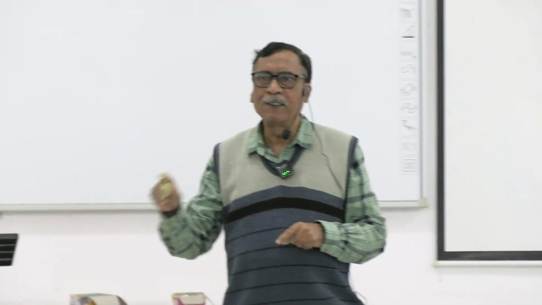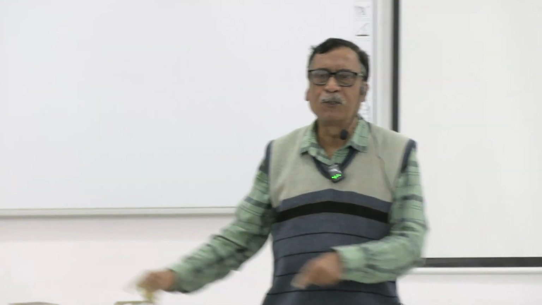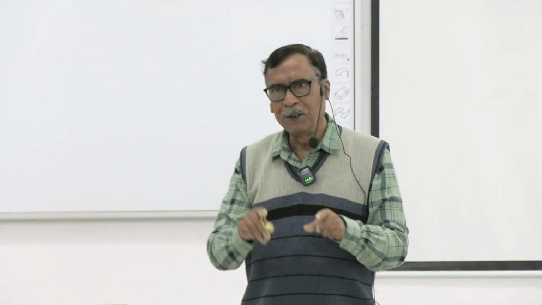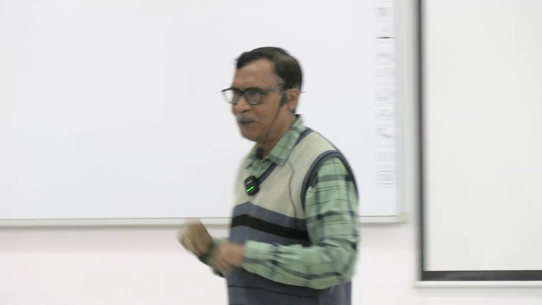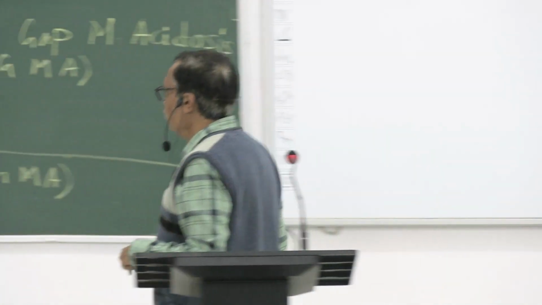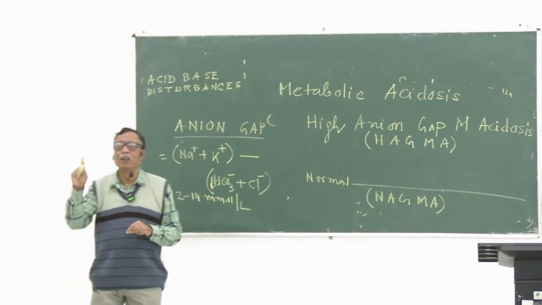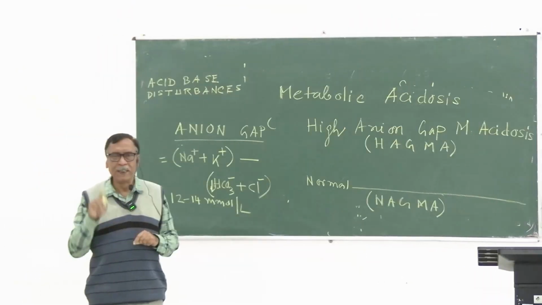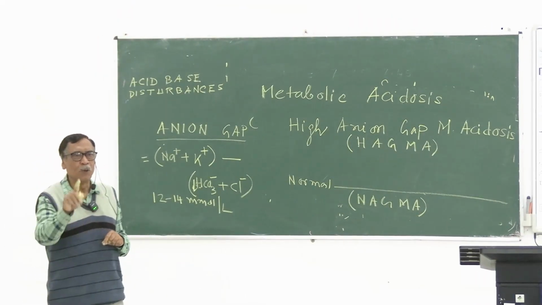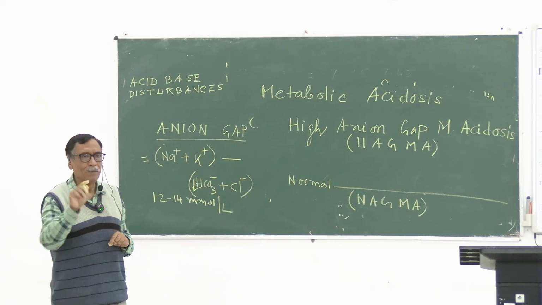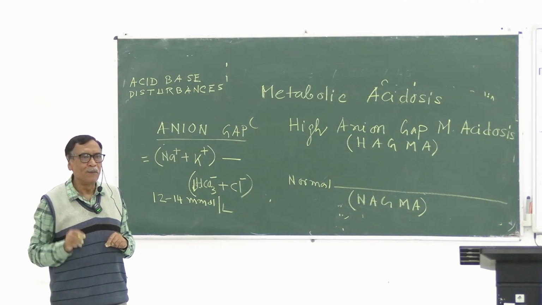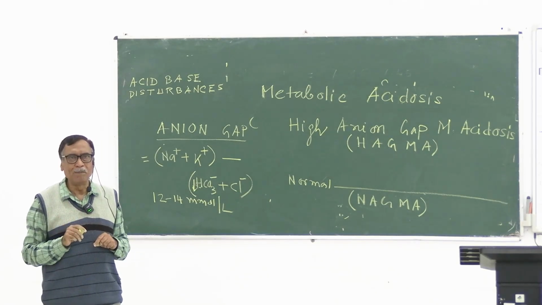In renal tubular acidosis, not only bicarbonate is lost through the urine, but also sodium and potassium are lost. So the value of the anion gap will be normal, and it is called normal anion gap metabolic acidosis. In renal tubular acidosis and prolonged diarrhea, anion gap is normal, and these are examples of normal anion gap metabolic acidosis.